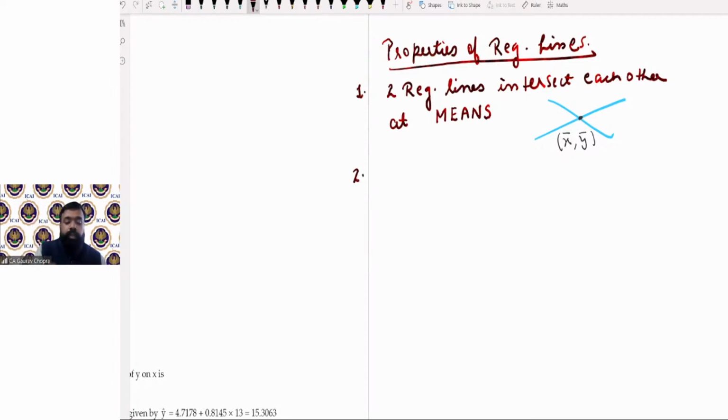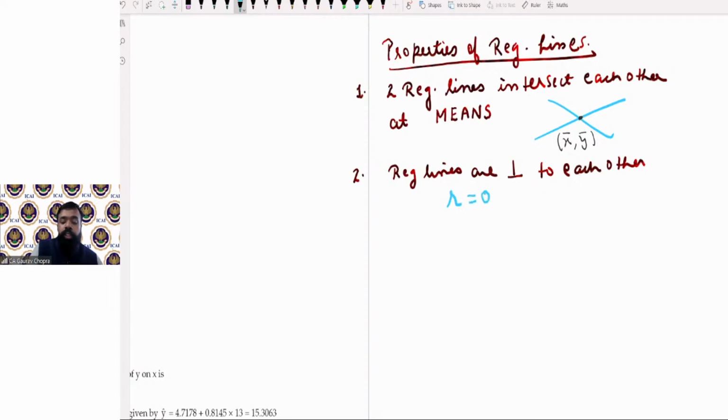देन सेकेंड पॉइंट, if two regression lines are perpendicular to each other, अगर दोनों रिग्रेशन लाइंस परपेंडिकुलर है एक दूसरे के, then what is the value of correlation?